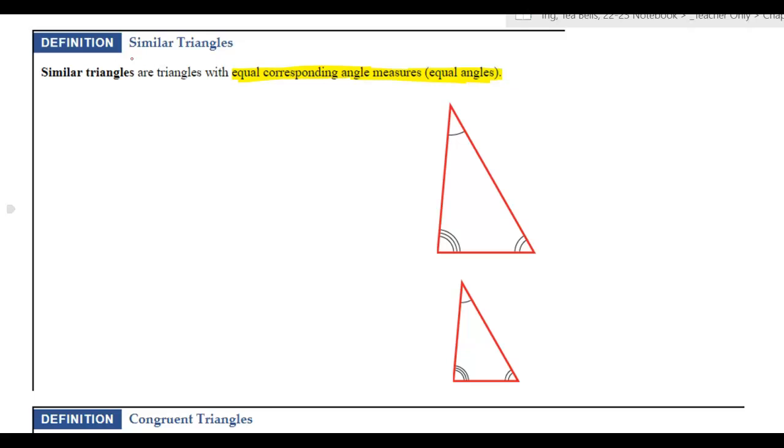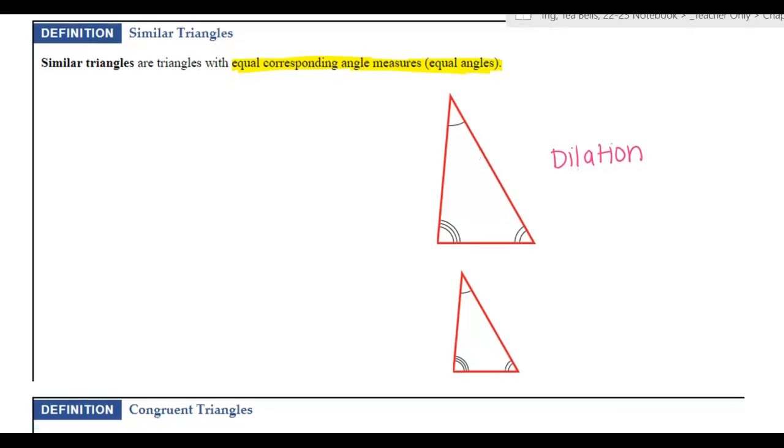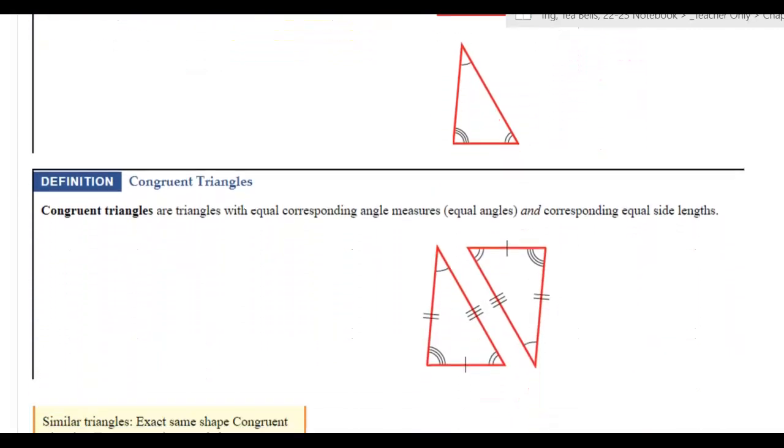When we made them get smaller, we called them reductions. But both are just dilations. Our other transformations kept them congruent, but when we had that size change, we have similar triangles.